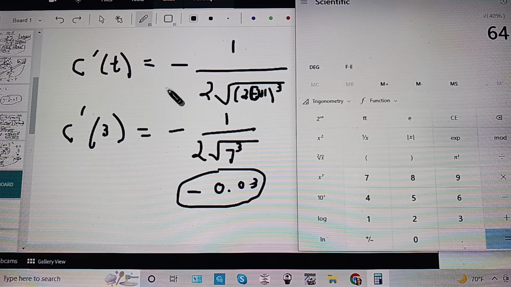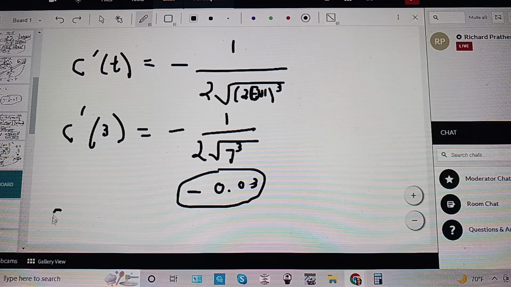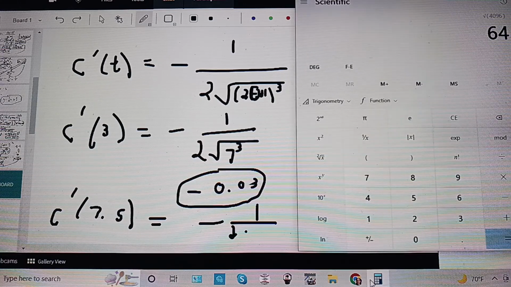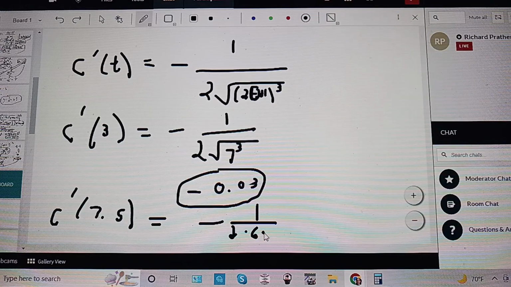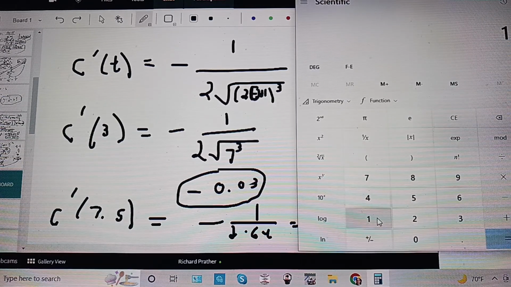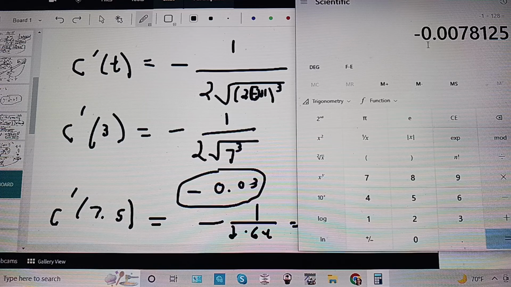And then you still have your negative 1/2 there. So C prime of 7.5 is negative 1 over 2 times 64, which is negative 1 over 128. So 1 negative divided by 128. Negative point, James Bond 007.